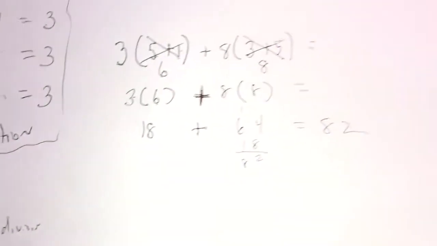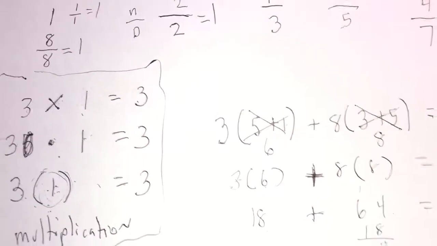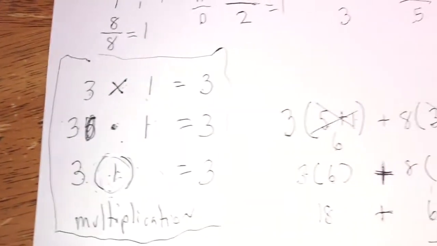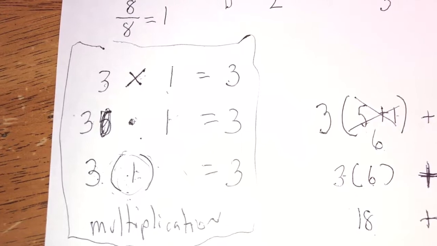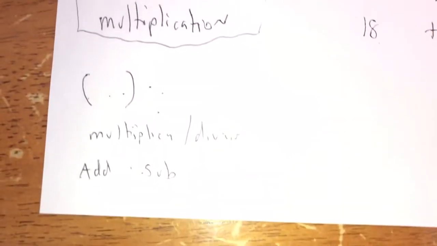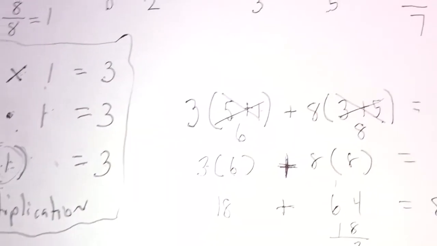So that's how you solve the problem. If you see this problem, you're able to break it down. And how did we break it down? We knew there are 3 different ways we can represent multiplication. And then we had our order of operations, and we solved the problem. Simple.